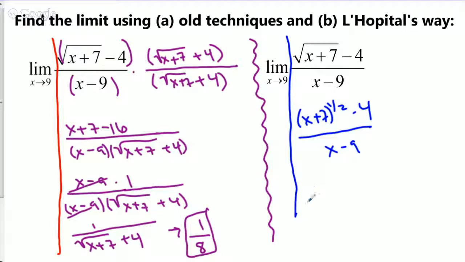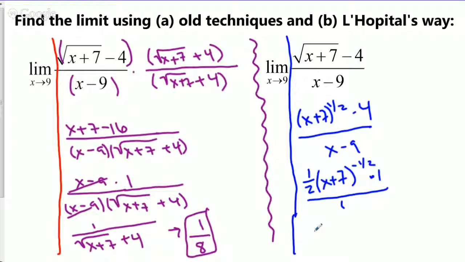You good with that? Okay, so if I differentiate the numerator, I would get 1/2 times x plus 7 to the negative 1/2. And then technically times 1, right? Chain rule. Derivative of 4 is 0, so we're okay there. This is a times, not a minus. Then the derivative of the denominator is 1, right?